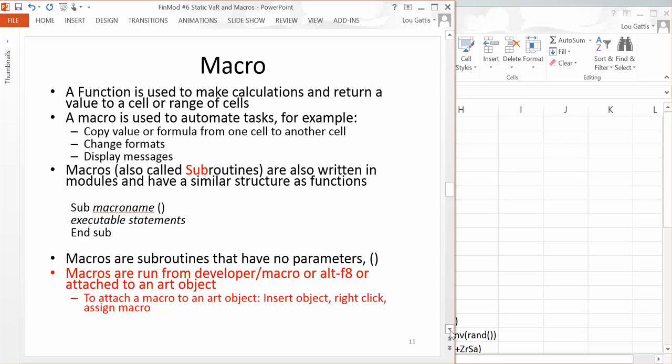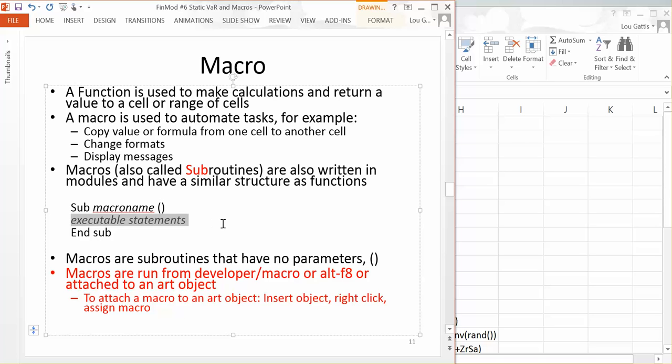A macro, or more precisely in VBA, it's called a subroutine, written Sub when you write a macro. So a macro is a subroutine in VBA. It's written by giving it a name and then having no parameters. So unlike a function, you have no parameters. Like a function, you have executable statements, and you say End Sub.